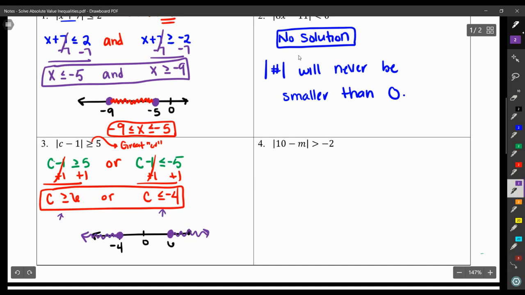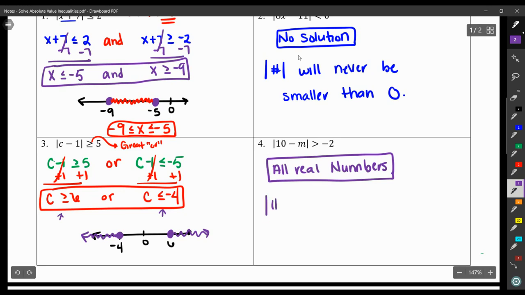So if you have greater than a negative, the answer to this would be all real numbers. There's infinite solutions to this. All the numbers will always be greater than a negative when you have an absolute value. So the absolute value of something is always larger than a negative number, always.